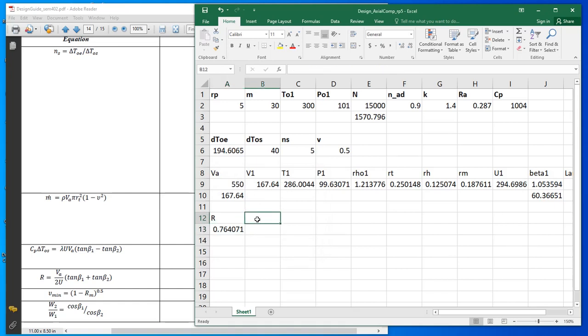So check 1 is the new min. So new min is equal to 1 minus R underscore 1 to the power 0.5.